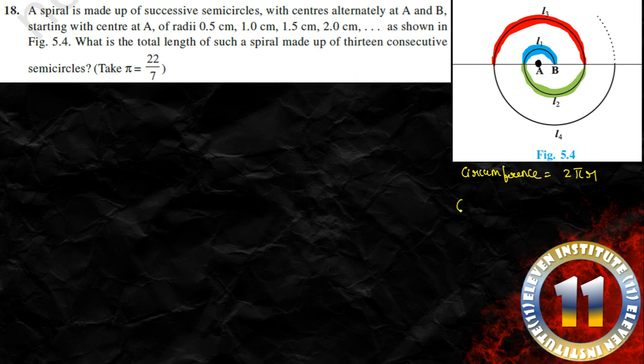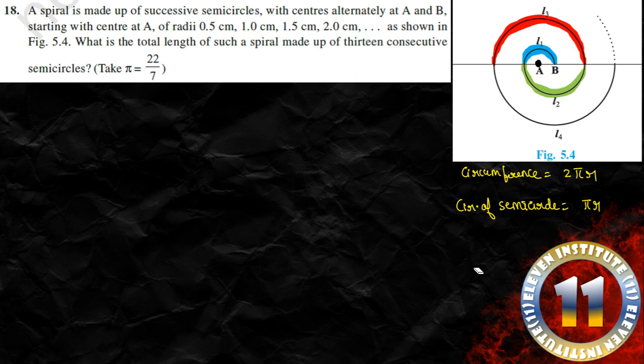Then what will be the formula for the circumference of a semicircle? 2 pi r divided by 2, so that will be pi r. Pi r is the length of this much, then this much, then this much. The length of a semicircle is nothing but pi r.